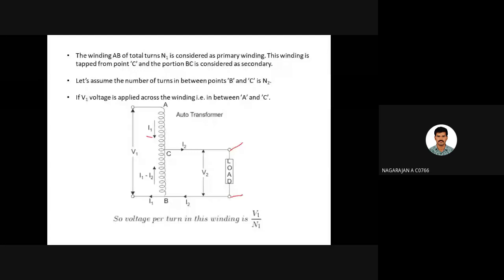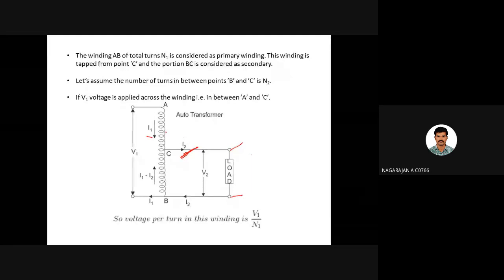Zero. The reason is that current will not pass through an open circuit.